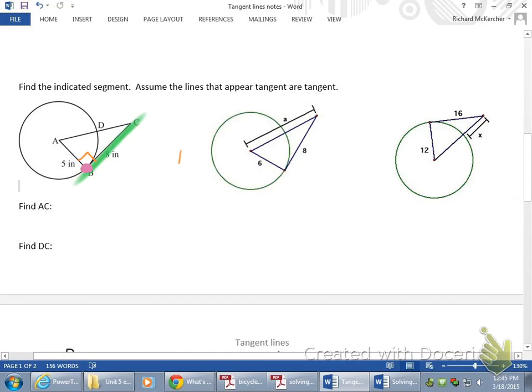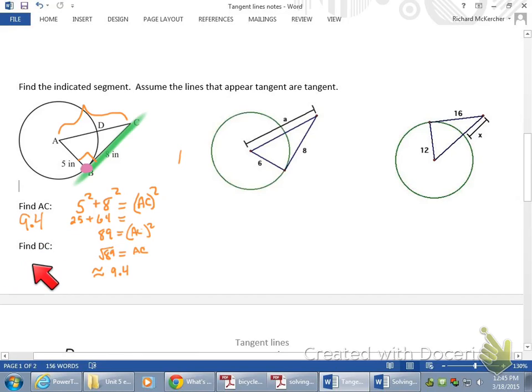And on that right triangle, I'm going to use the Pythagorean Theorem to find out that AC has to be about 9.4. Just follow through my Pythagorean Theorem. AC is 9.4.